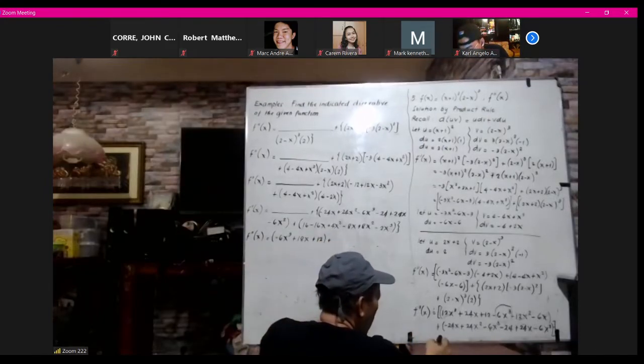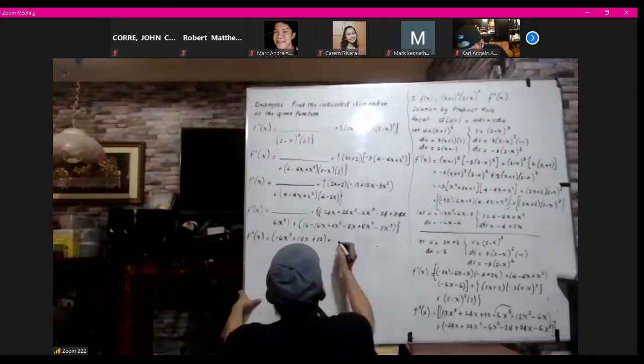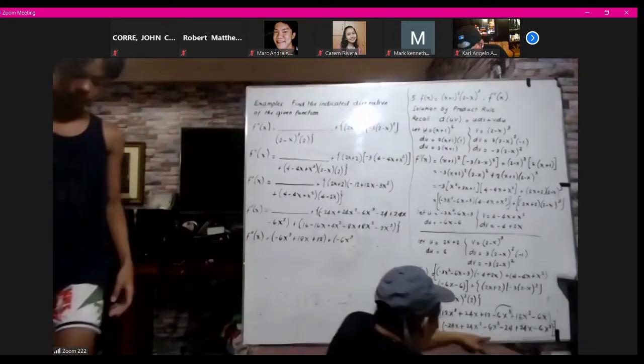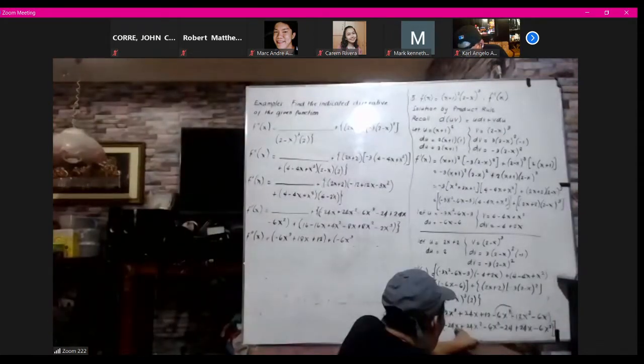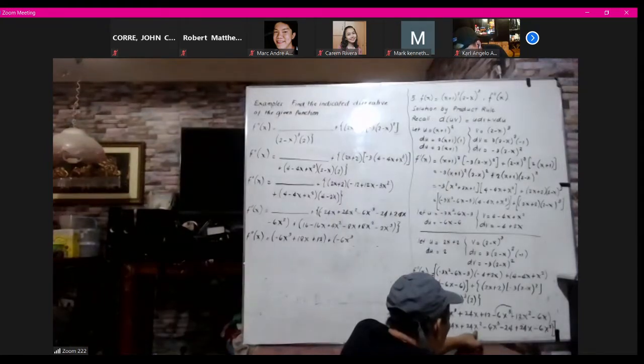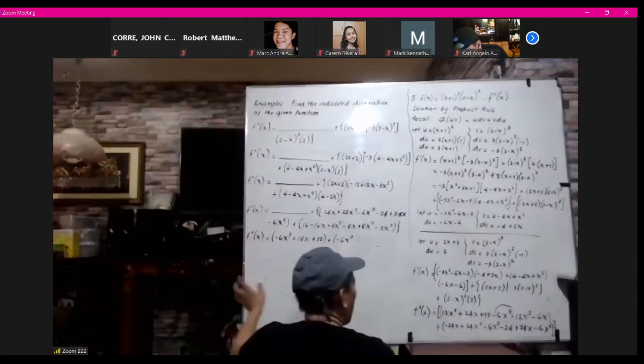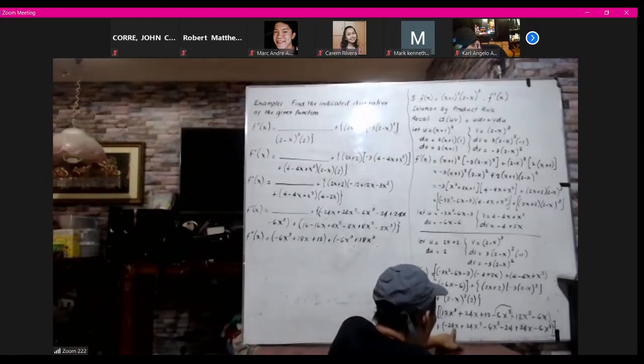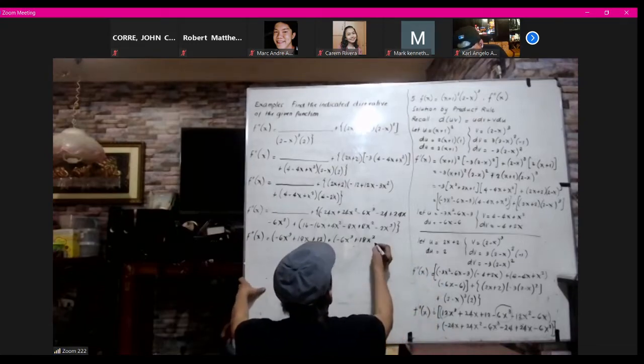Ito naman, minus 6x cubed, yung pinakamataas. Ayun. Then, tingnan natin. 24x squared minus 6x squared, ang sagot natin ay positive 18x squared. So, sunod, negative 24x plus 24x, so tanggal na siya. Ang natira na lang, minus 24.